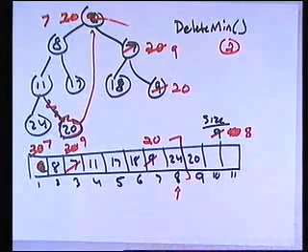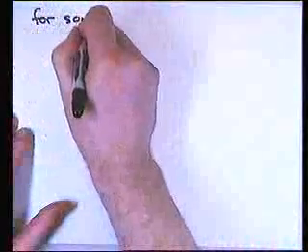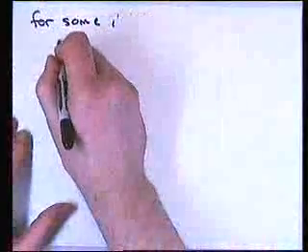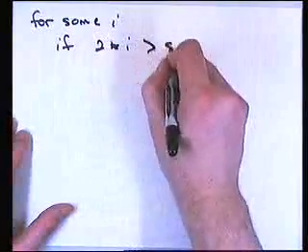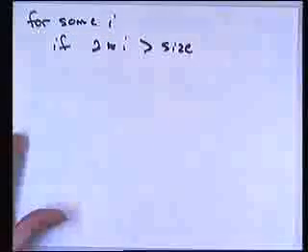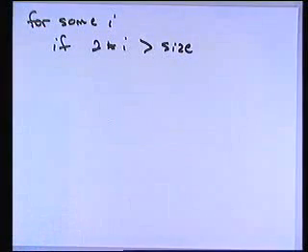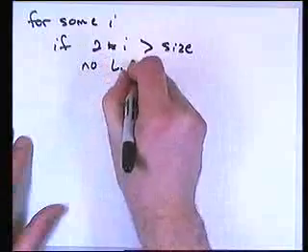So what we can really say is, for an I, if 2 times I is greater than the size of the array, if we say my left child would be at such and such an index, 2 times I, and that's beyond the size of your heap, not the size of the array, but the size of the heap, then you have no left child.